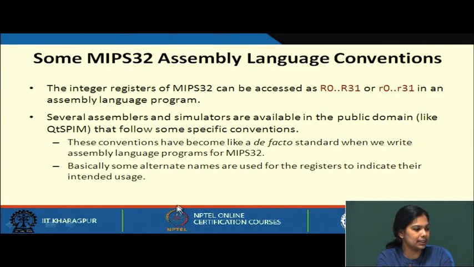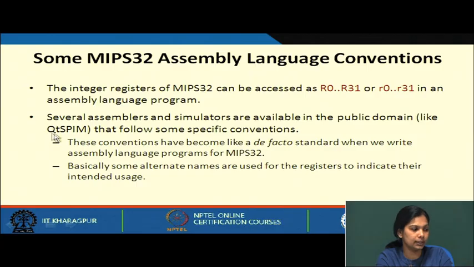Now, let us see a little more MIPS 32 assembly language convention. The integer registers, as I said, are numbered from R0 to R31. I am talking about some assembly language instructions, and you can write assembly language code. For doing so, some simulators are available in the public domain.